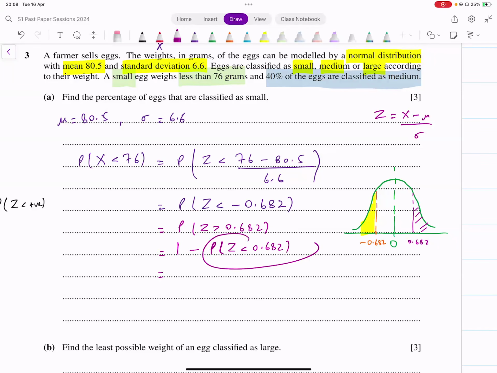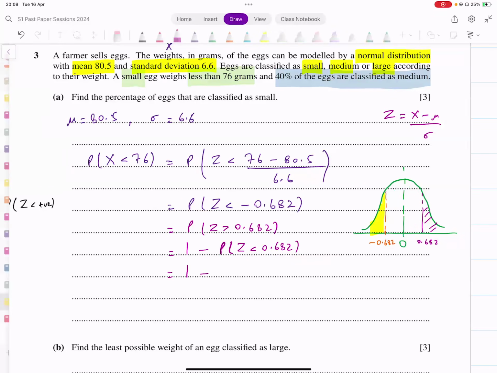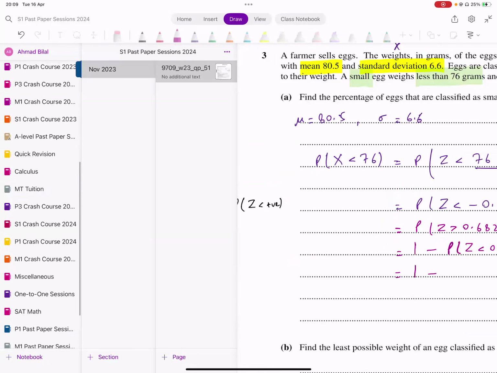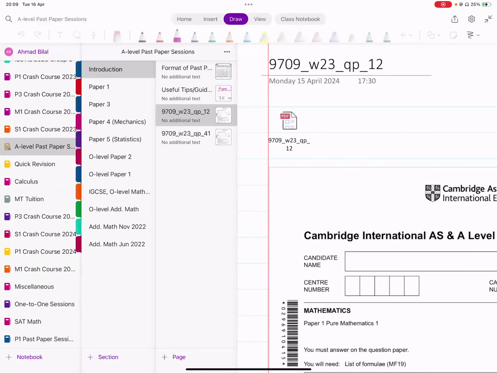Now you can use the formula sheet because this is the standard form. Just look at the normal distribution table and see what the probability value is corresponding to 0.682. And that is what you're going to input here. 0.682, that's the Z value. Now let me just copy the normal distribution table here.